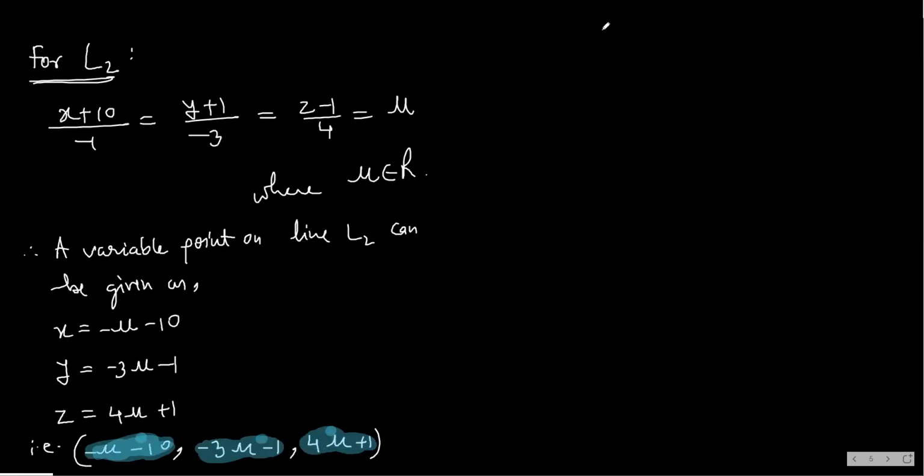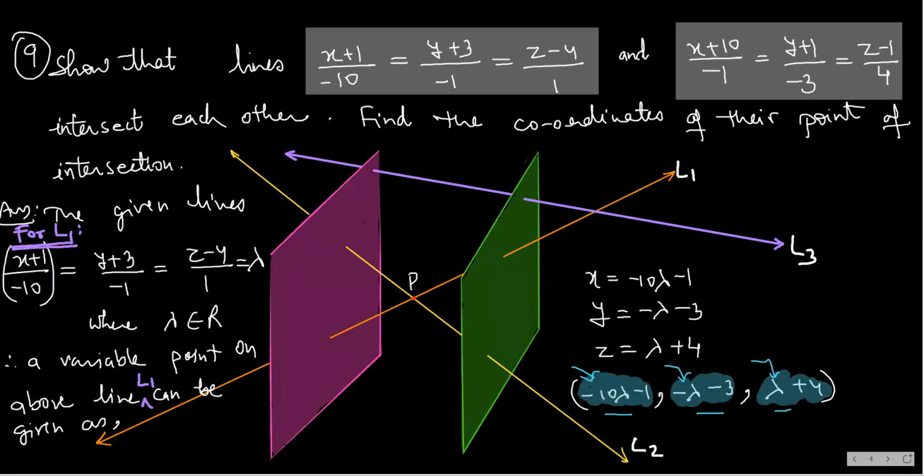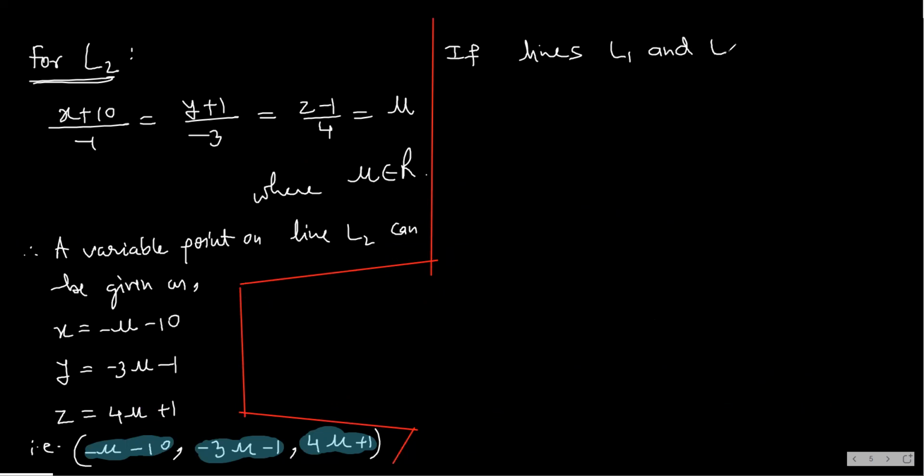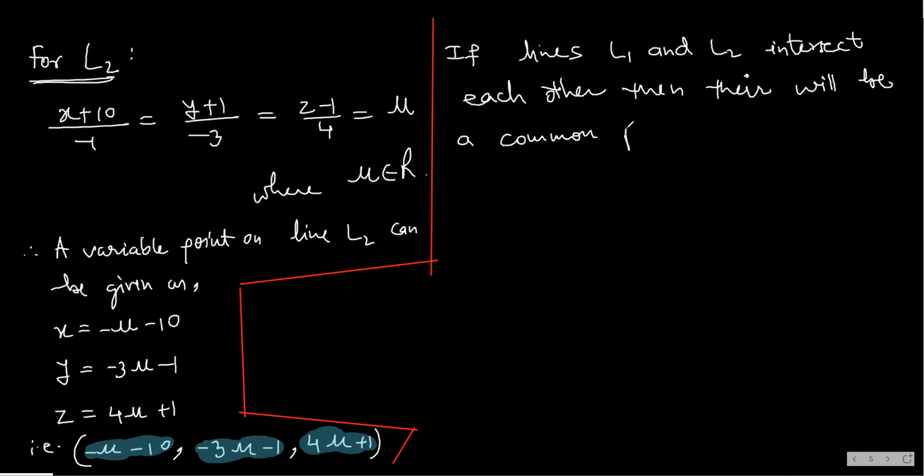Okay, so here I begin. I write: if lines L1 and L2 intersect each other, then there will be a common point on L1 and L2.